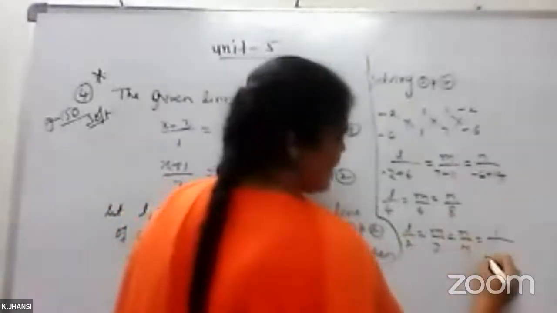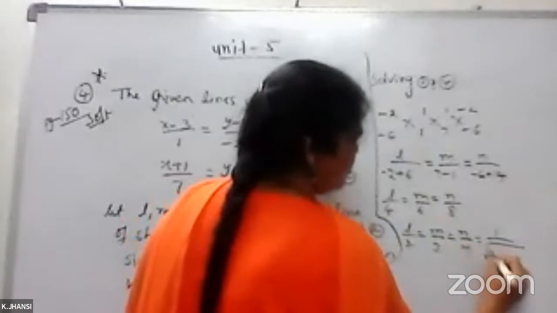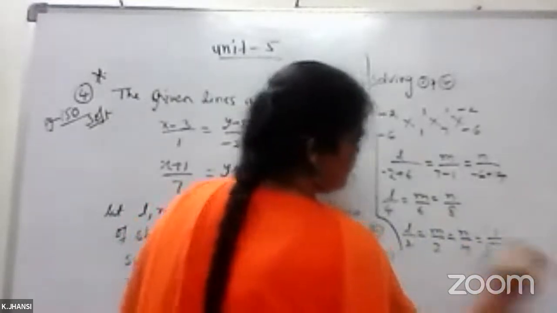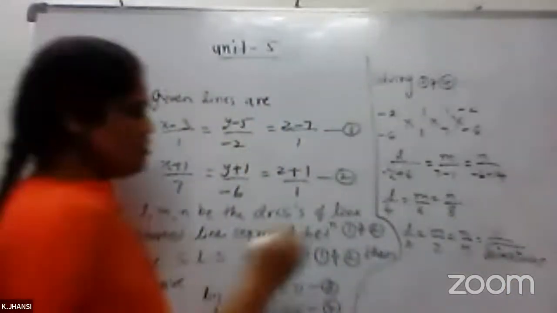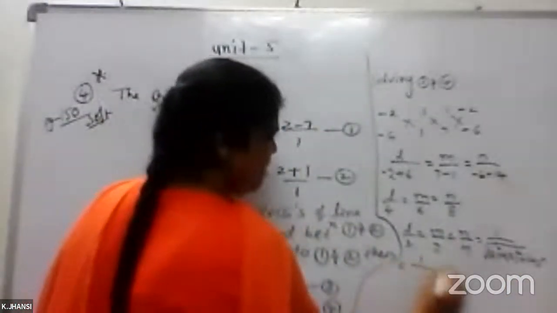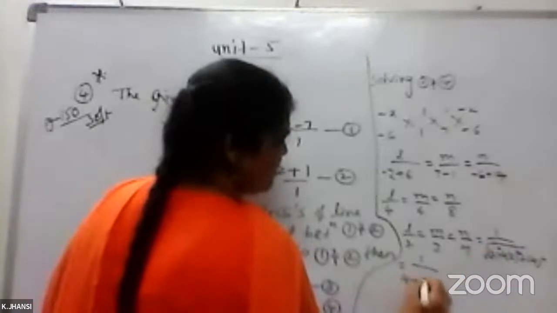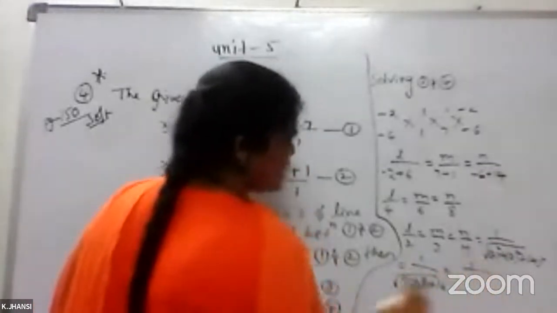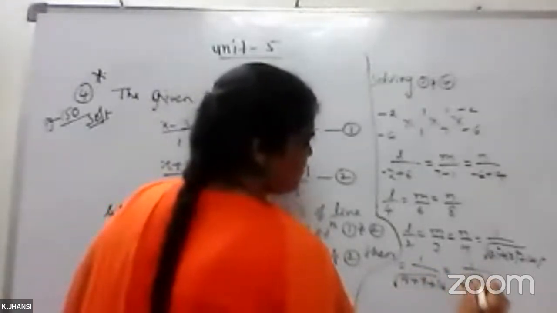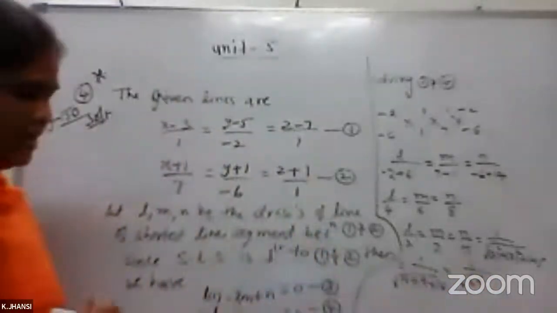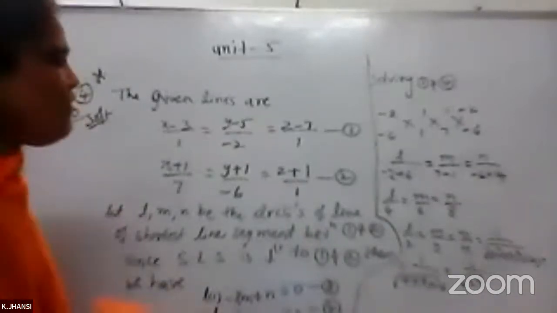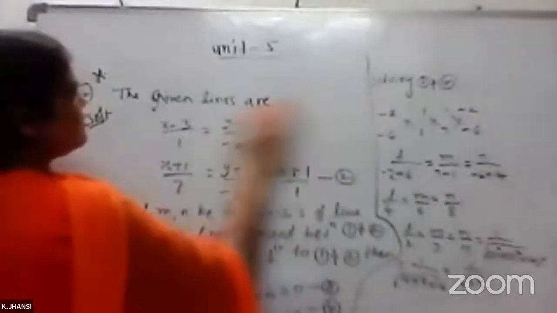That means under root of 2 whole square plus 3 whole square plus 4 whole square, so this will be 1 by root of 4 plus 9 plus 16. So it is 1 by root 29. Root 29 is not a perfect square, so you will have the square root like that only.